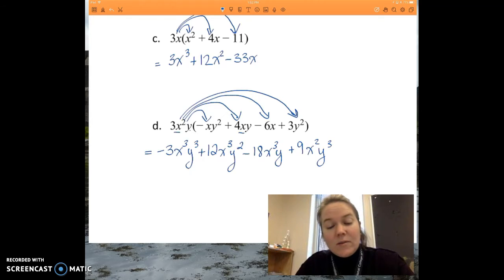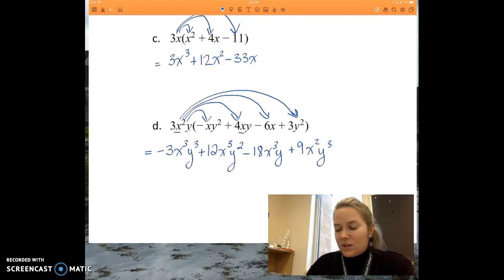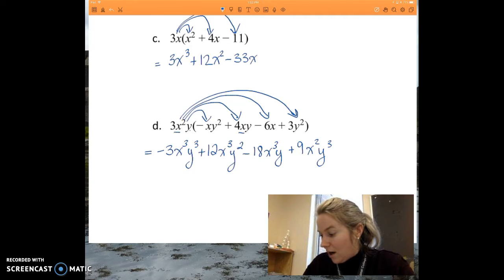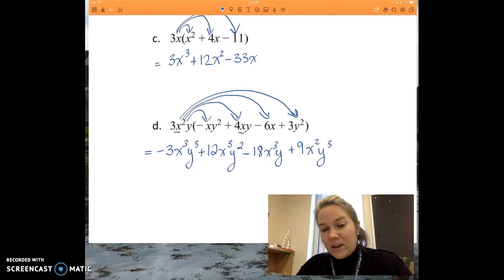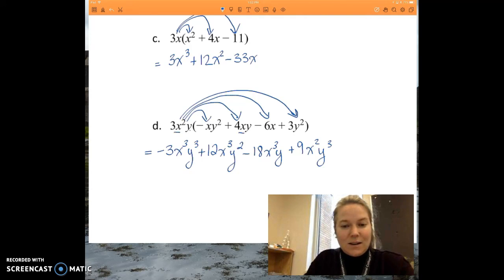Can we add or subtract any of them? What you're checking for is, are there any like terms? Let's take a look. We've got x cubed y cubed. Are there any more x cubed y cubed? No. x cubed y squared? No. x cubed y? No. And x squared y cubed. They're all different combinations of exponents on the variables, so we cannot simplify any further, and that is our final answer.